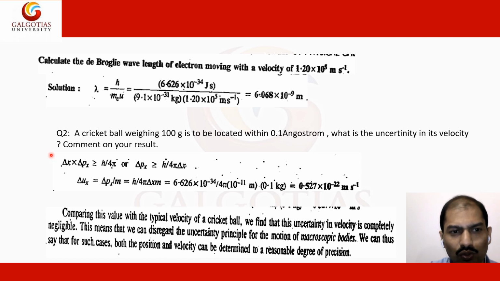So you have to use the Heisenberg uncertainty principle and put in the values given here, keeping in mind the unit conversion, because that conversion is very important. Grams you have to convert into kilograms, and put the value of Planck's constant in joule per second.